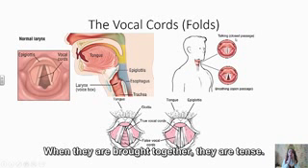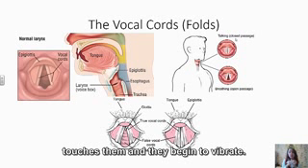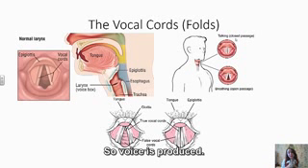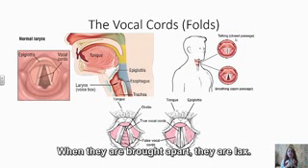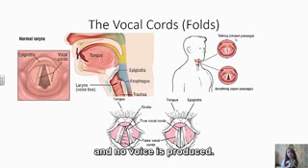When they are brought together, they are tense. The stream of air that tries to go out touches them and they begin to vibrate. So voice is produced. When they are brought apart, they are lax. The stream of air goes out freely and no voice is produced.